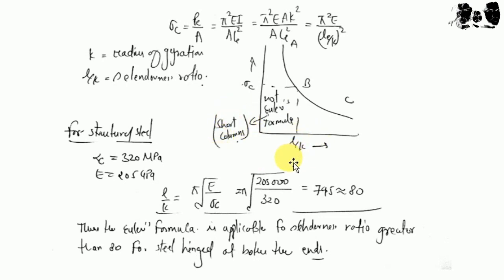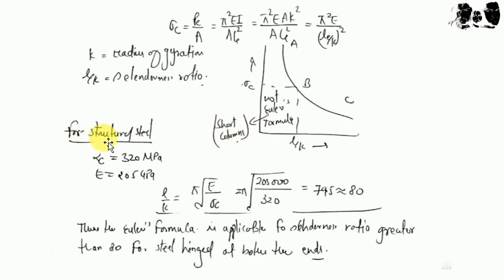This means that if the slenderness ratio is less, the column is short compared to its width, compared to its thickness, whatever term you use. So in this region where the slenderness ratio goes below the critical stress condition, Euler's formula cannot work, and it comes in the region of short column.